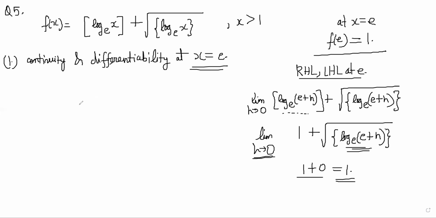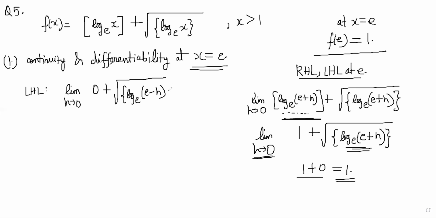LHL: limit h tends to 0, f of e minus h, right? So this part becomes 0. Plus now this part, the fractional part of log of e minus h.